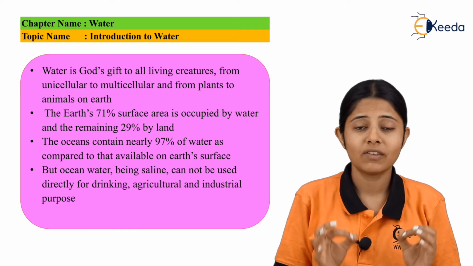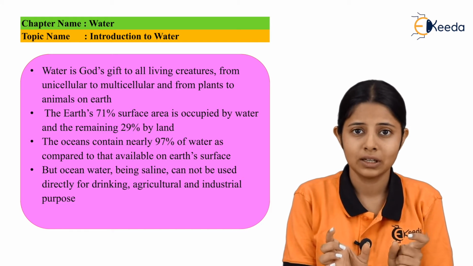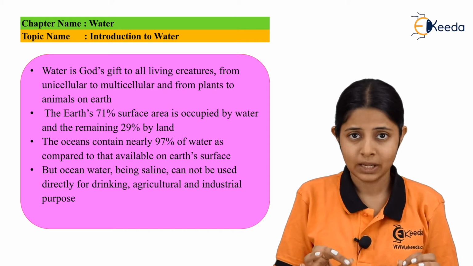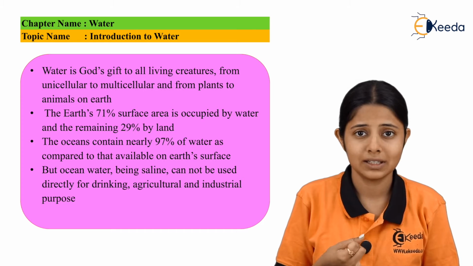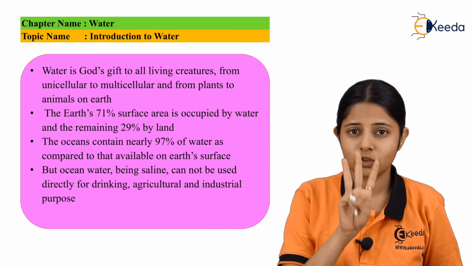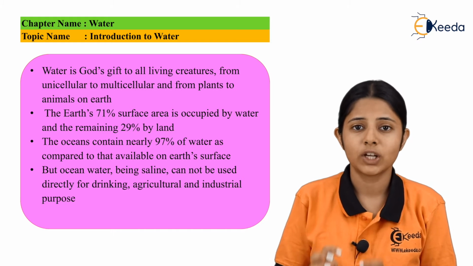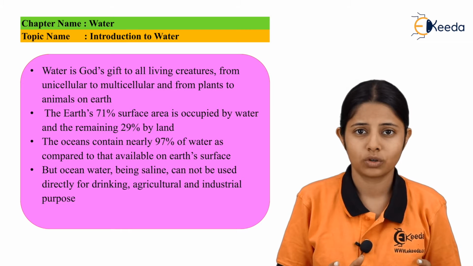Now, out of this 71%, 97% of that 71% is salty water. That means that is the water which is present in the oceans and the seas, and that water is saline. The other 3% of water is fresh water. Now, what is the difference between salty water and fresh water?